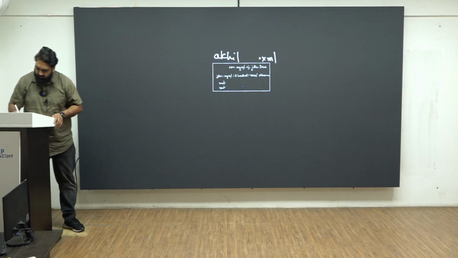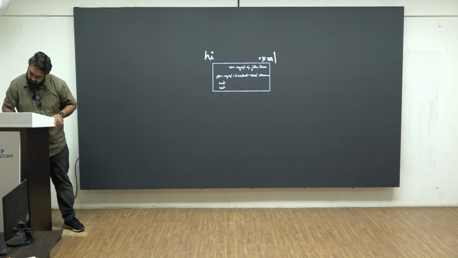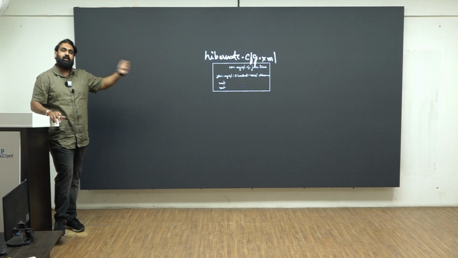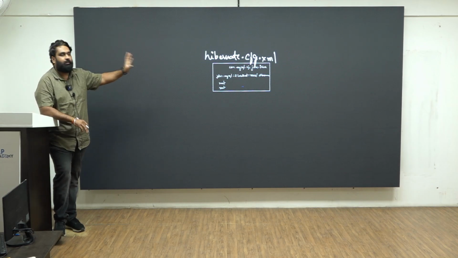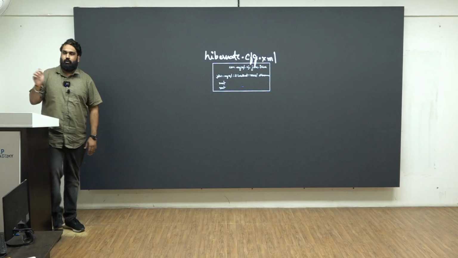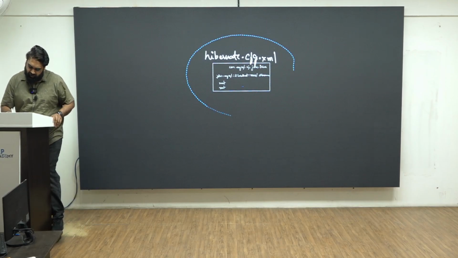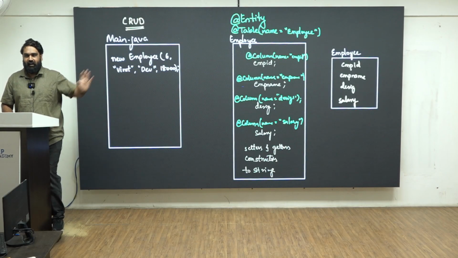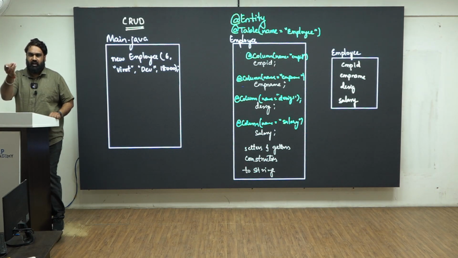If you write it as hibernate.cfg.xml, then you need not tell anything. Your Hibernate program will understand, oh, this is my configuration file. I hope you are able to understand this. Yes or no? So I will keep it as hibernate.cfg.xml only. When I write the code, I will show you where you need to change it if you give some other name.